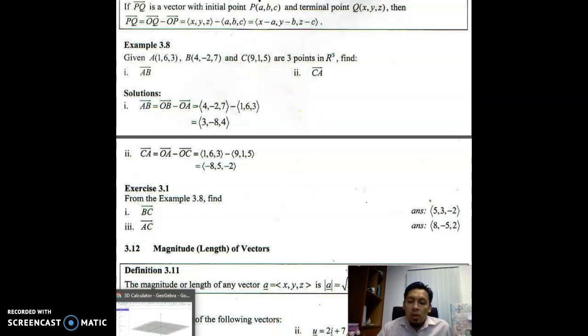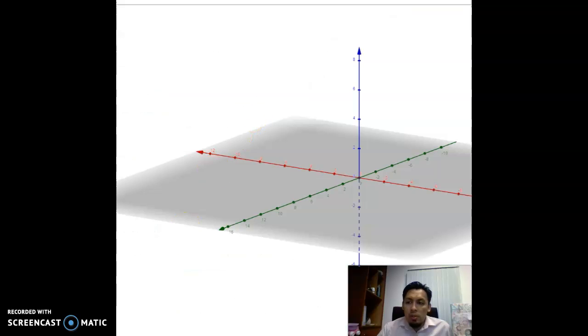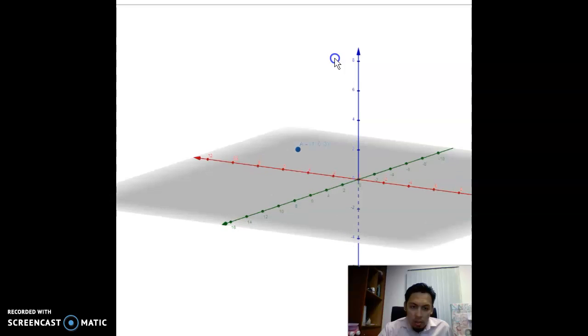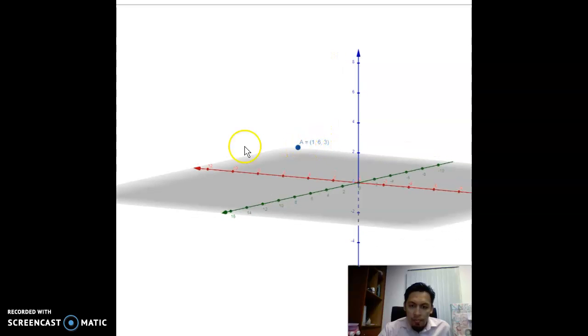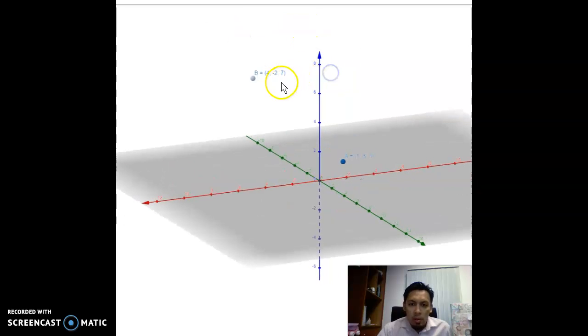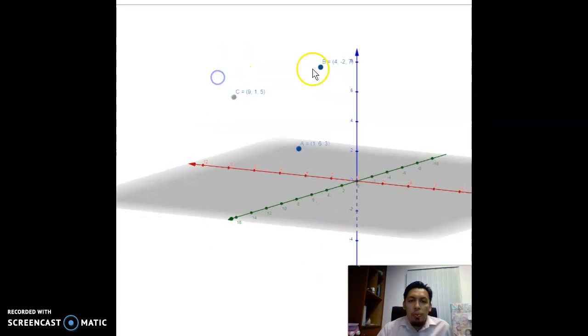Okay, so based on this, you'll see that this is A, and then this is where B should be, and next we have C, which is here. So this is all the points that they want us to look at.